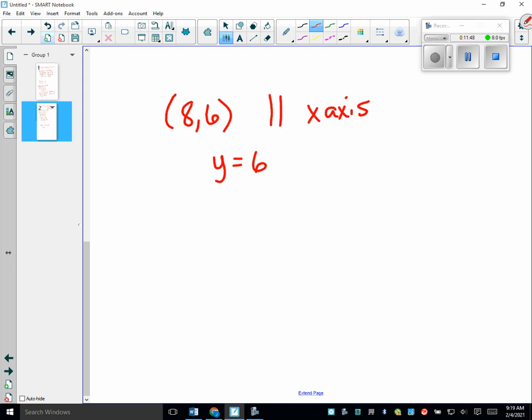Okay. What if it passes through this crazy point? It is parallel to this line.